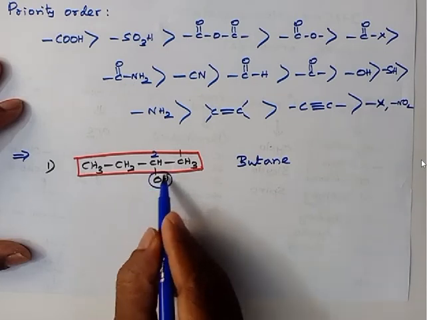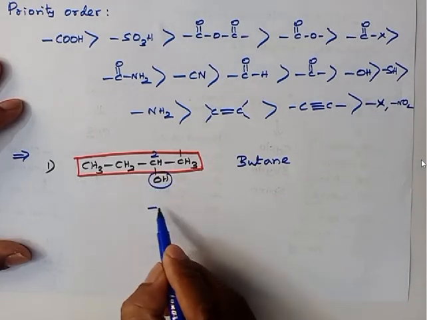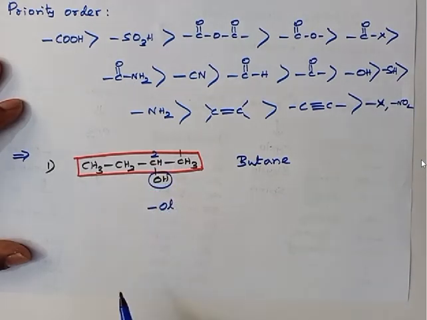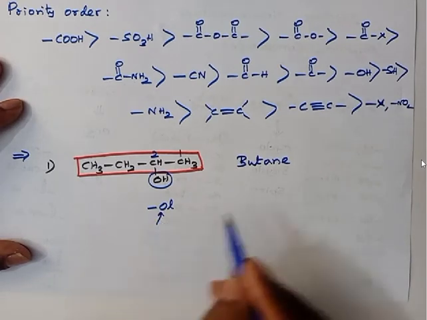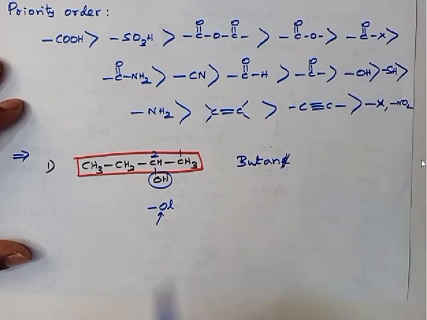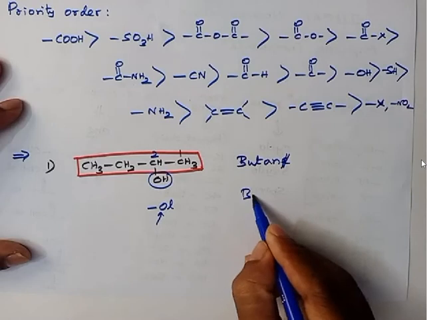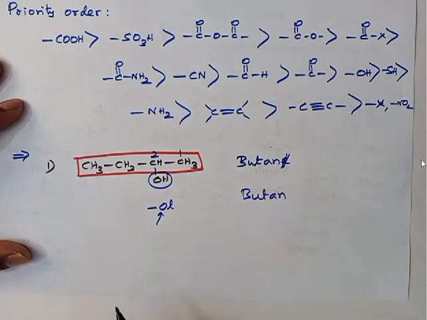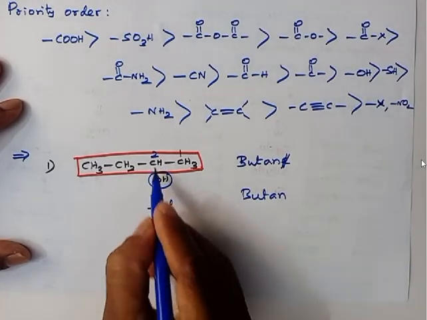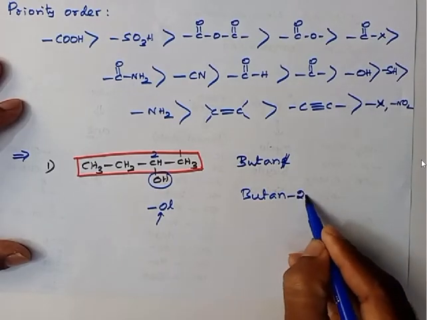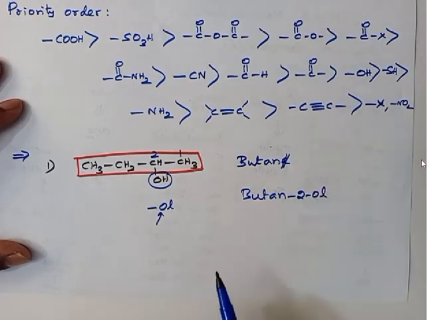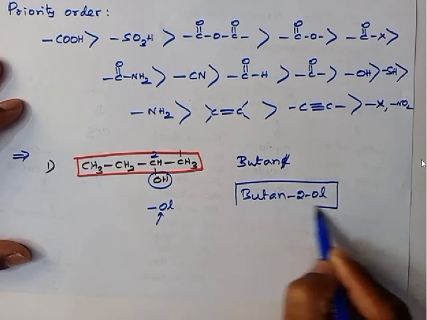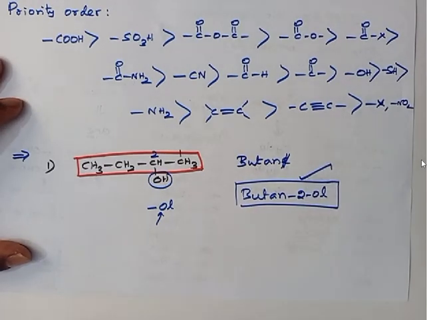The OH group is a functional group here, and the secondary suffix for OH is ol. The first letter is a vowel, therefore we remove the suffix e: butan. In the second carbon we have the OH group, so butan-2-ol. This is the IUPAC name for this compound, butan-2-ol.